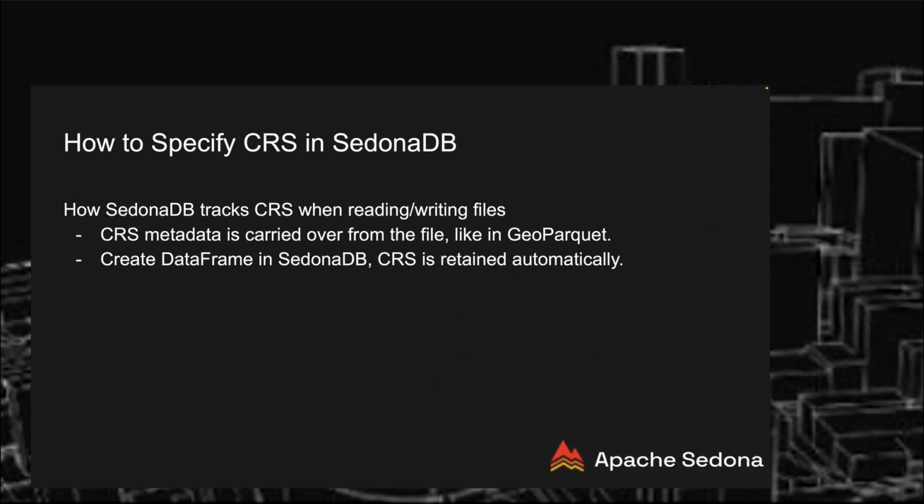So in SedonaDB specifically, we attempt to carry over any CRS information that is already available. For example, in a file like GeoParquet, we try to parse that information immediately. Whatever way you're getting the information in, we try to get that in automatically so that it's correct.